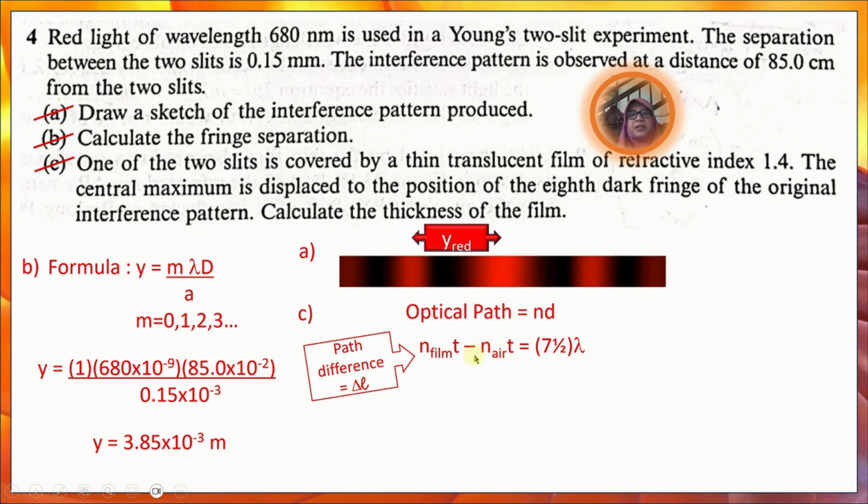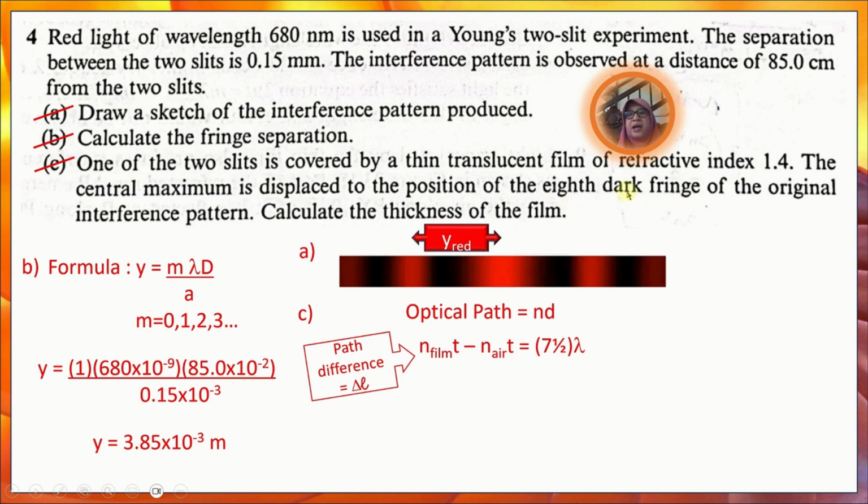So the optical path difference will be n film t minus n air t. This is the path difference, delta L, which equals m lambda, where m is 7.5, because the question mentions the 8th dark fringe.